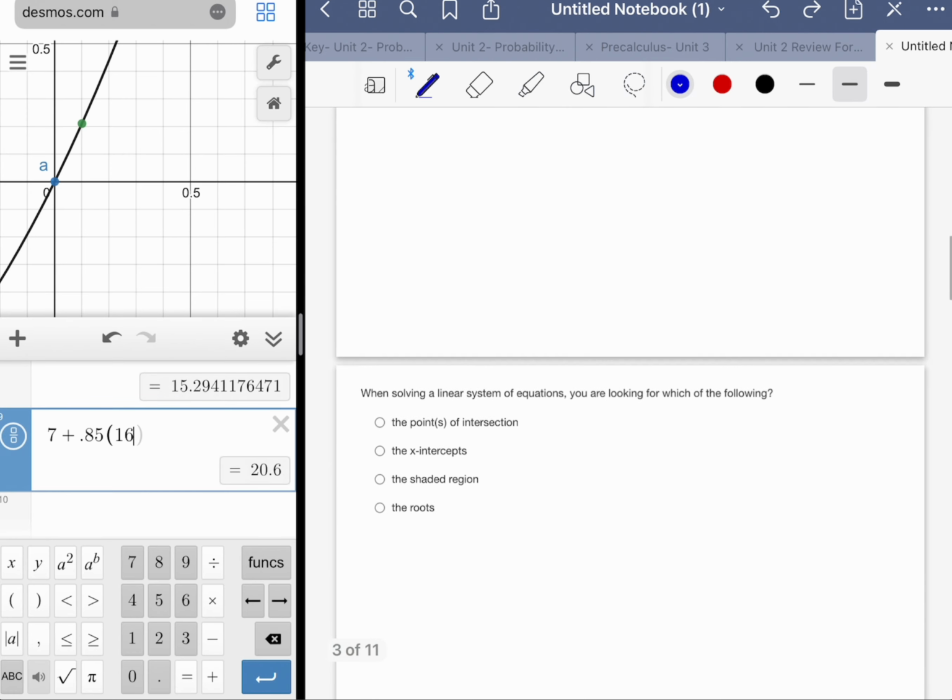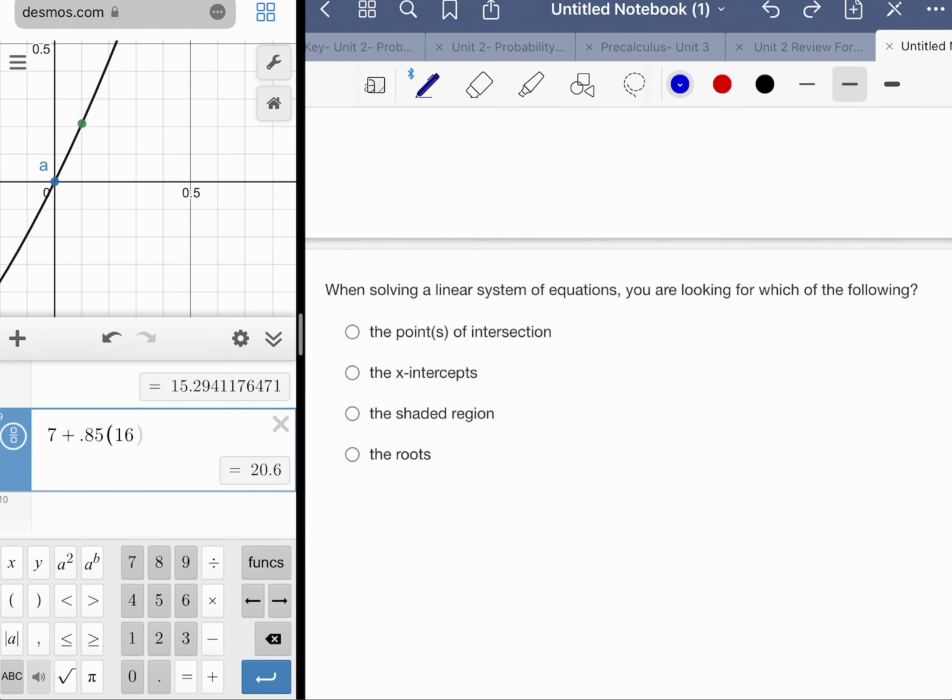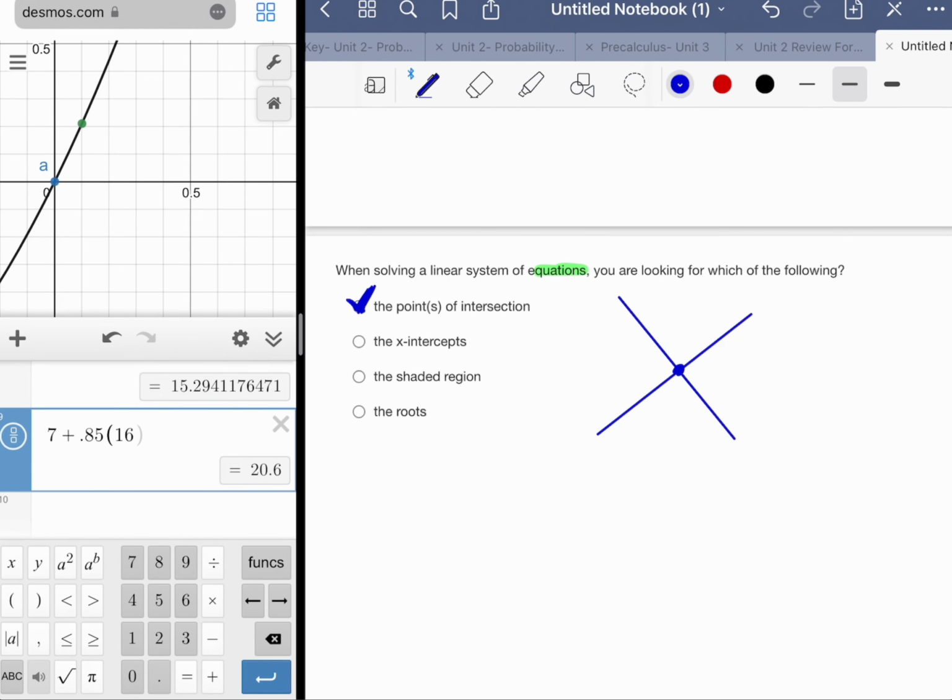All right. So next up, when solving a linear system of equations, you're looking for which? That would be the point or points of intersection. There would only be a point if it's an instance where the two lines are intersecting. But it is possible that you could have two lines that are completely overlapping, in which case there are infinitely many solutions.